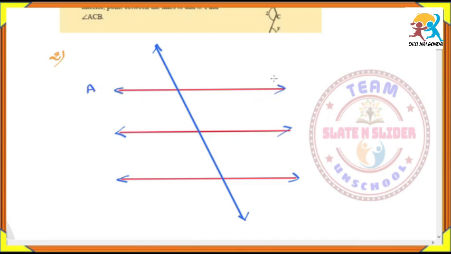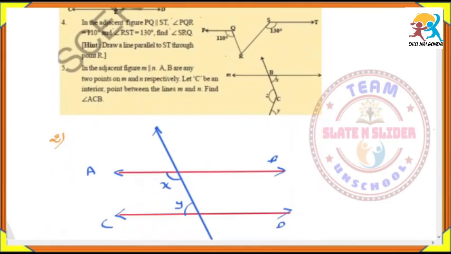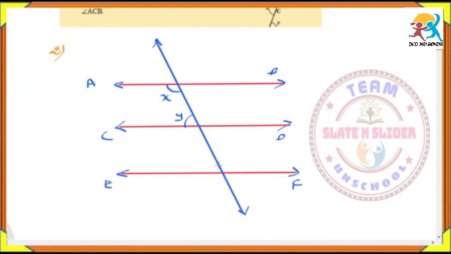And we will give the names AB, CD, EF, and here we have the angle x, y, and z.